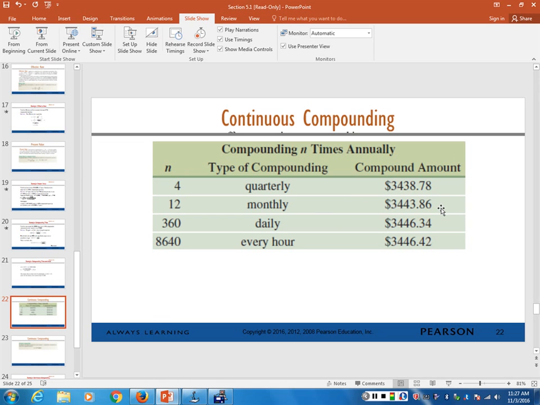Not very much. If you compound daily, you get about between $7 and $8 more. If you compound it every hour, you get a whopping 8 cents more. What does that tell you happens as your compounding periods become more and more and more frequent? Eventually, they don't make any difference, do they?